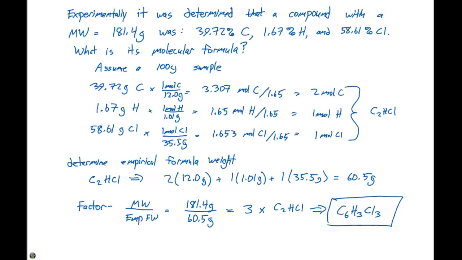In this case, our empirical formula was C2HCl, giving an empirical formula weight of 60.5 grams. Then we take the molecular weight divided by the empirical formula weight, which gives us a factor. So we multiply the 3 times the subscripts of the C2HCl, giving us C6H3Cl3.